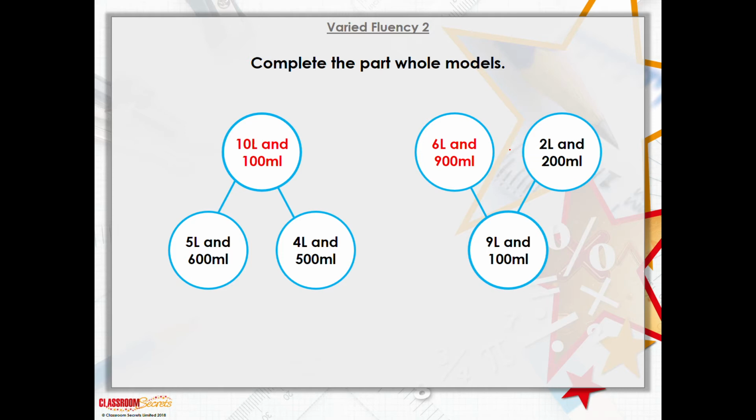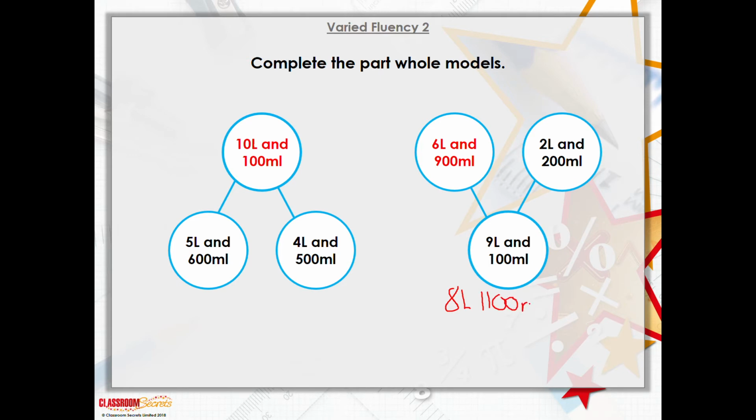Now don't forget, on this one here, when you had to do 9 litres and 100 millilitres, take away 2 litres and 200 millilitres, just like when we do our normal subtraction, we can take 1 litre and exchange that for 1000 millilitres. That might make it a little bit easier. So you could have had here 8 litres and 1100 millilitres.